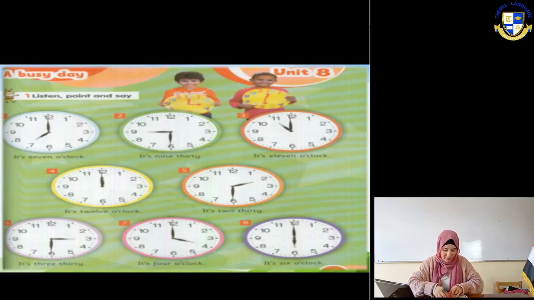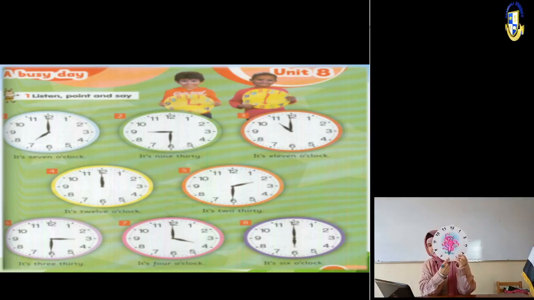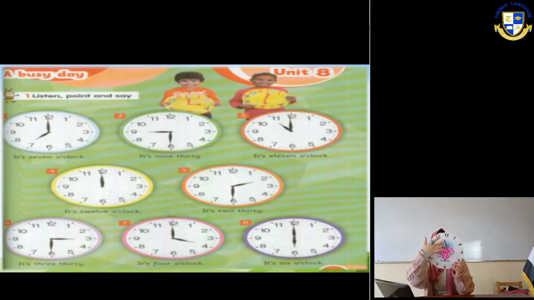Both of them will be on number 6. The short arm is on 6, so it's 6, and the long arm on 6 also means 30. 6:30. 6 o'clock. 6:30.